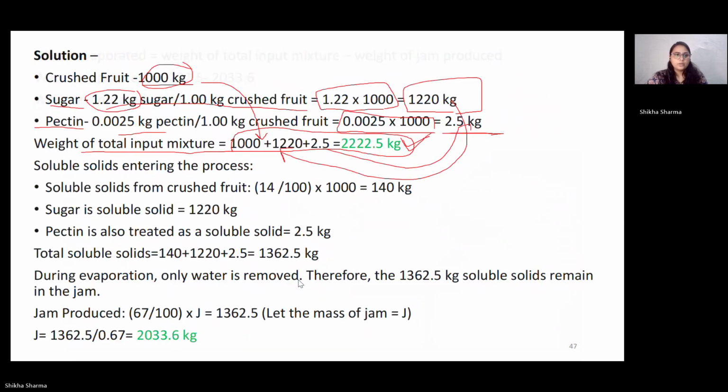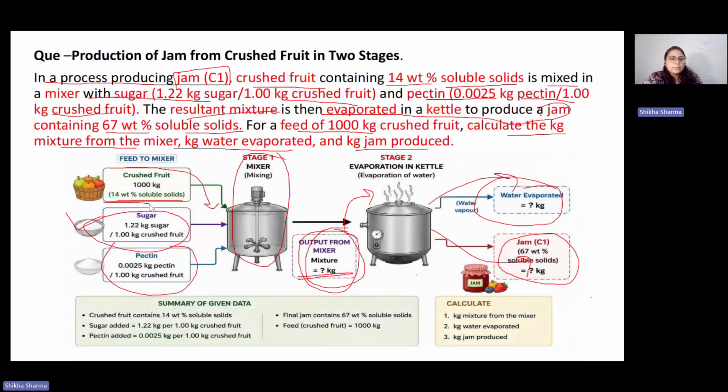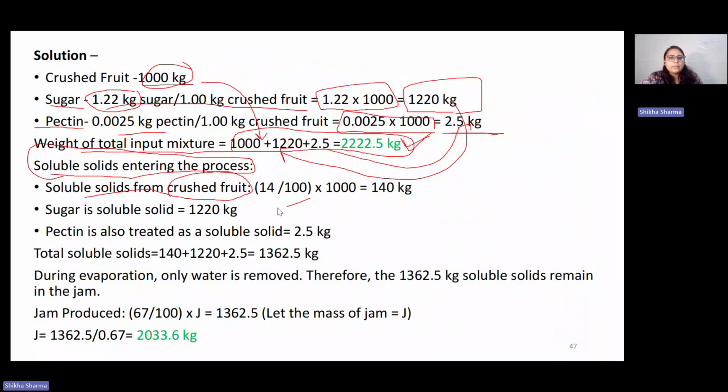2222.5. Now, the soluble solids entering the process, we can see this. The soluble solids from the crushed fruit are around 14 weight percent. So 14 divided by 100 into 1000 is 140 kg of soluble solids from the crushed fruits. Now, sugar is completely a soluble solid itself.